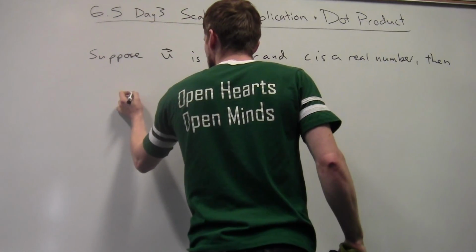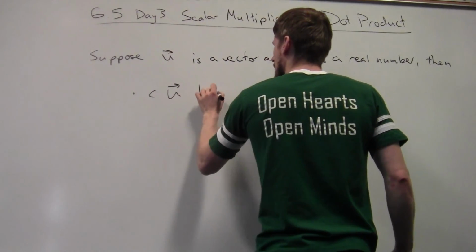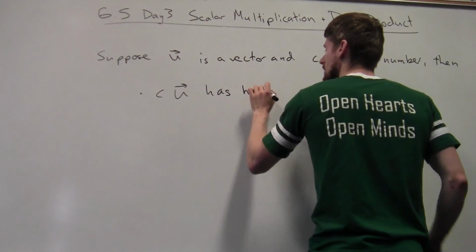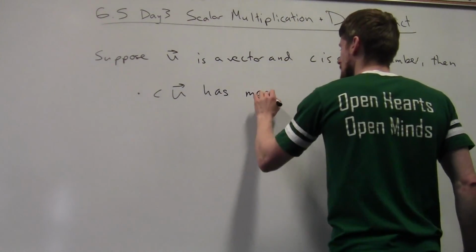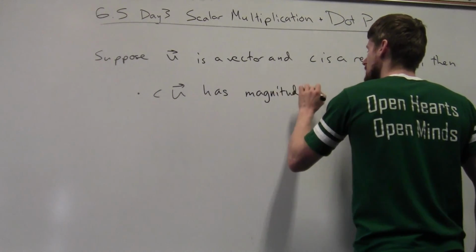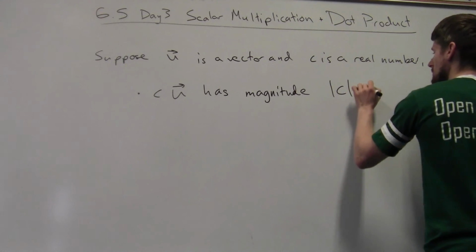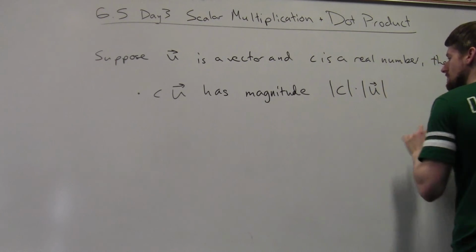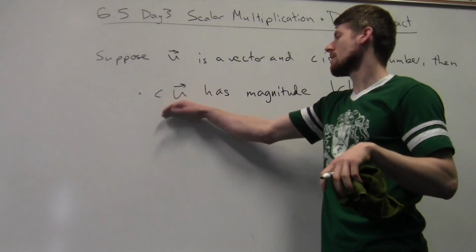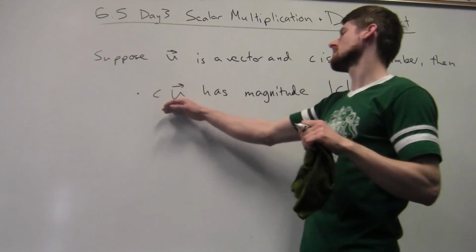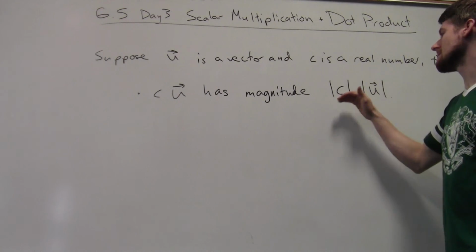Then the vector cu, this is like c times u, has magnitude absolute value of c times the magnitude of u. So what this is basically saying is that whatever the vector u is, make it c times longer. Make the magnitude c times greater.